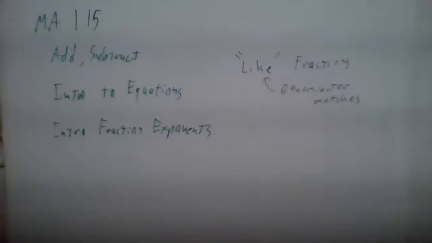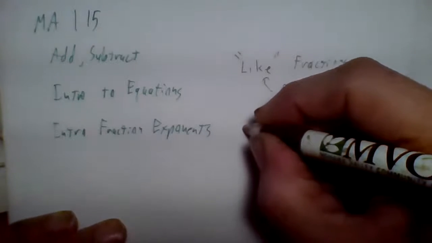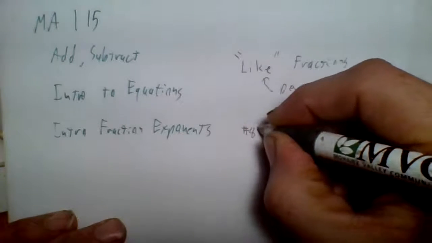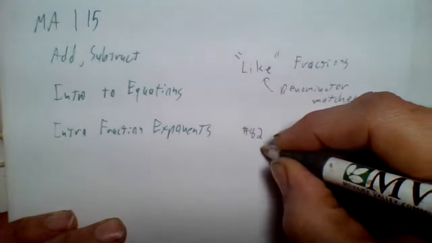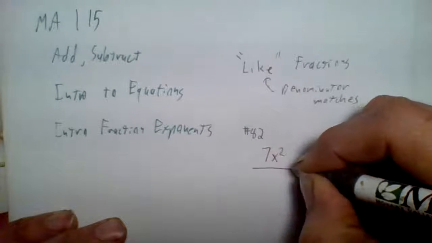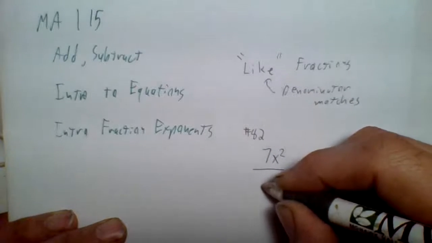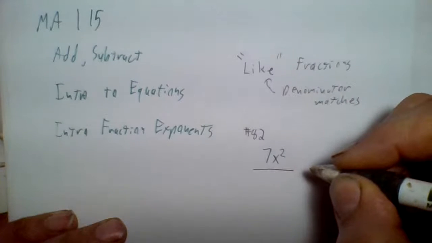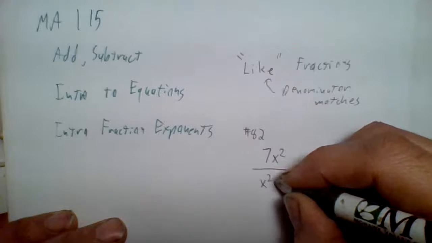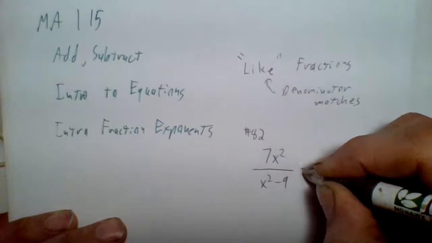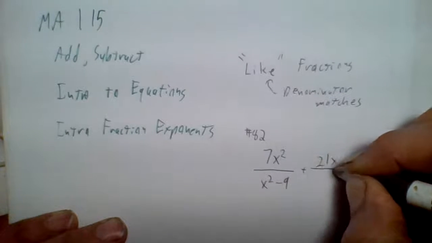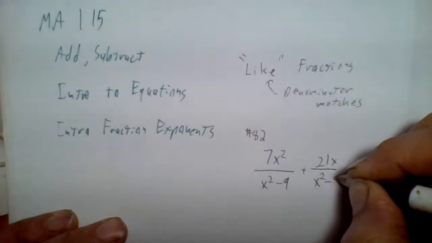So I'm going to look at number 82 from this chapter 7 in the book, and it looks like 7x squared over x squared minus 9 plus 21x over x squared minus 9.